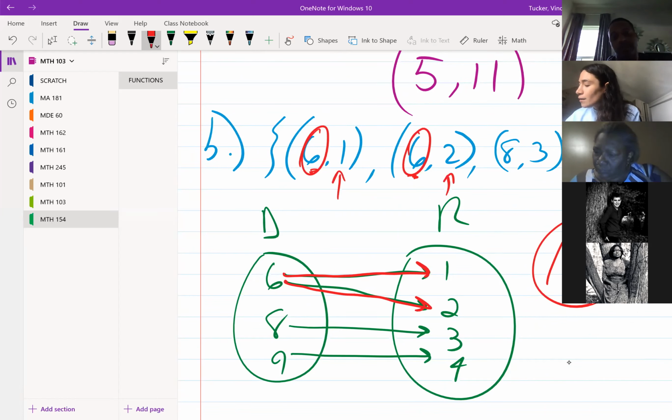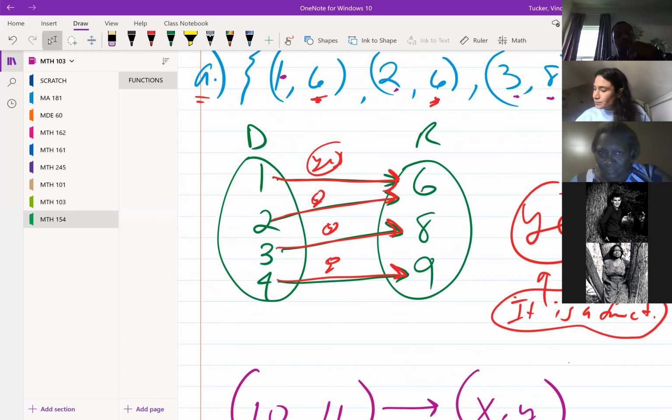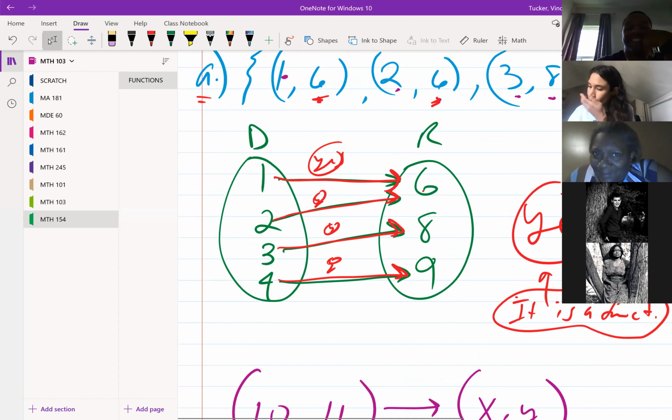Can you scroll up again so I can look at what you said? A domain can go to the same range, but a domain... Let me see if I can say it the way I think you're trying to say it, to help you guys out.